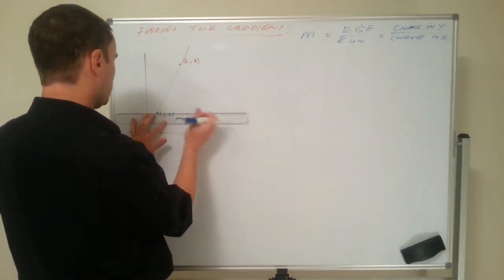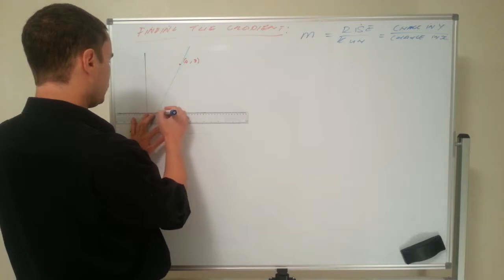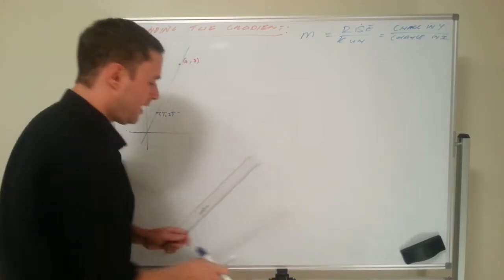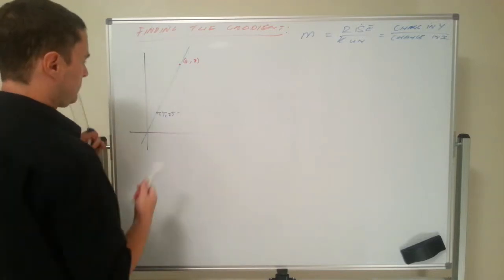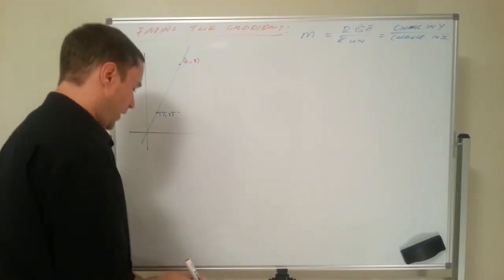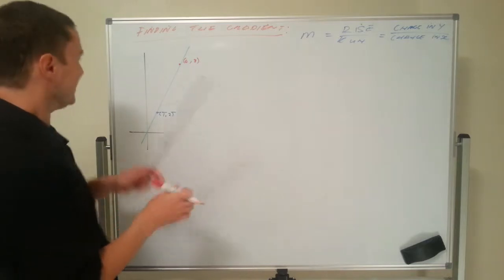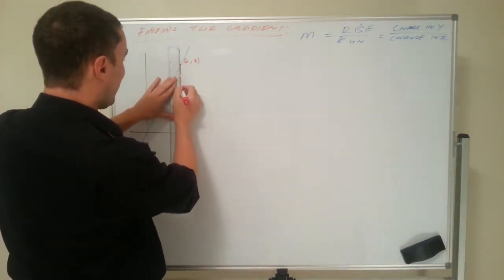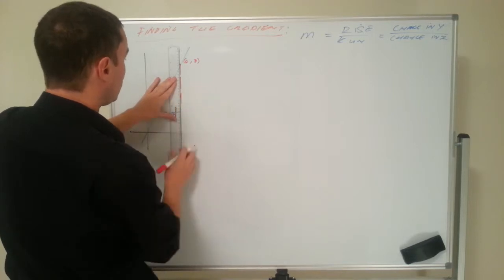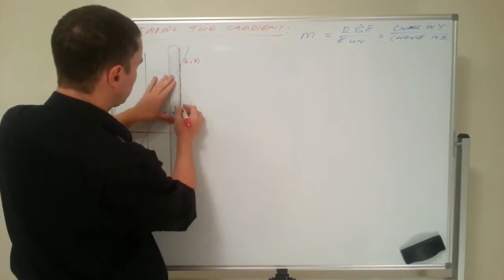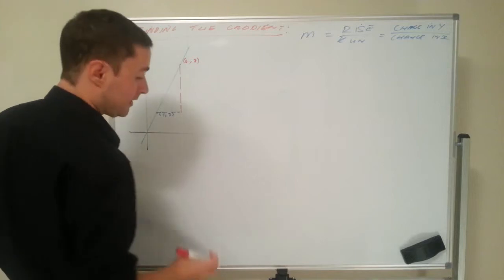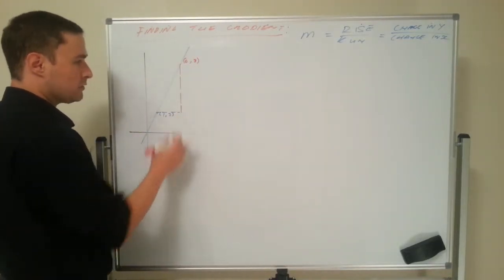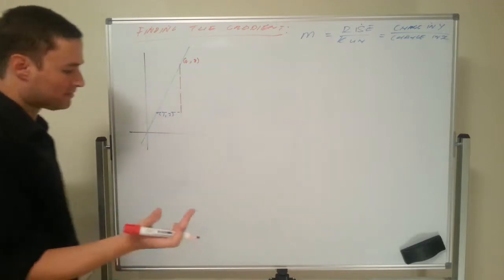So I want this horizontal distance here, and then this vertical distance here, how far up. If you're lucky enough to be working with the grid, all you can do is count the squares up, count the squares across, and do that distance divided by that distance. Done.